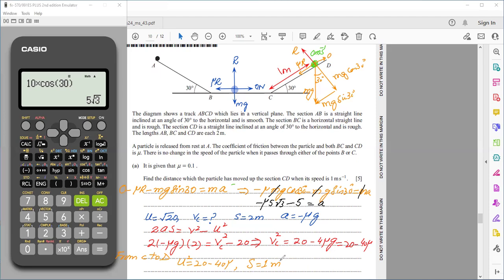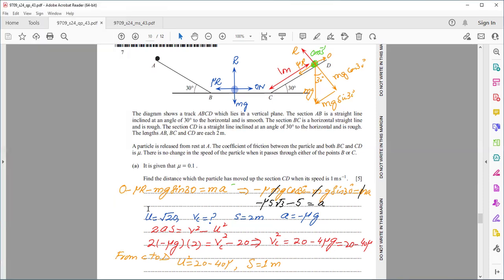Now I have to put in the values. I will get the value of mu from here. Very simple, very easy. So the value of u is over here. I will make it short over here. I will erase this one so that I can write the things step by step.